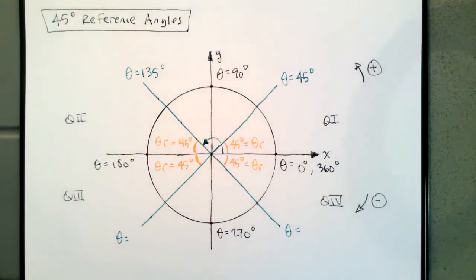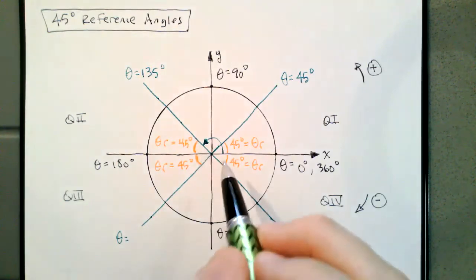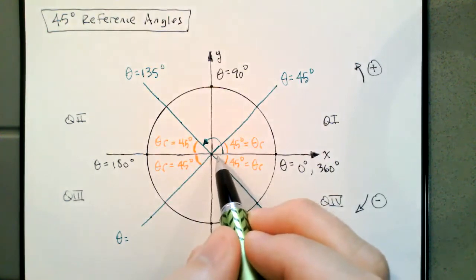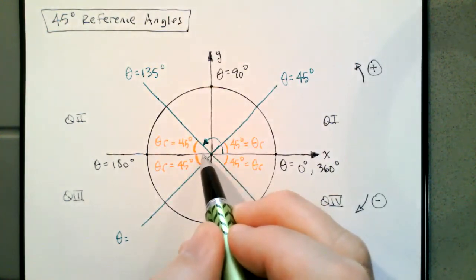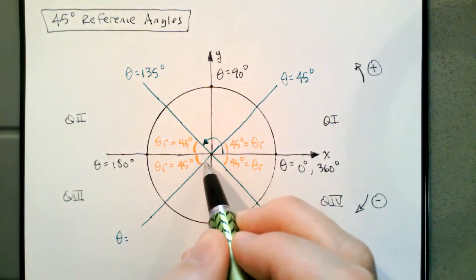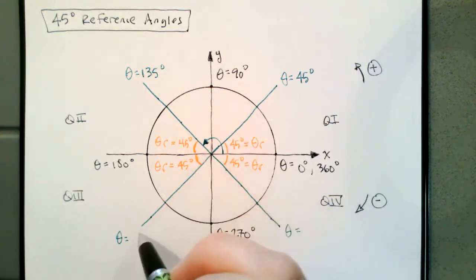So if we have a 135-degree angle, that's going to terminate in quadrant 2, and it's 45 degrees away from the negative x-axis, which is at 180 degrees. In quadrant 3, if I draw a 45-degree reference angle, we start at the positive x-axis, go 180 degrees to the negative x-axis, and then 45 more degrees to get to theta.